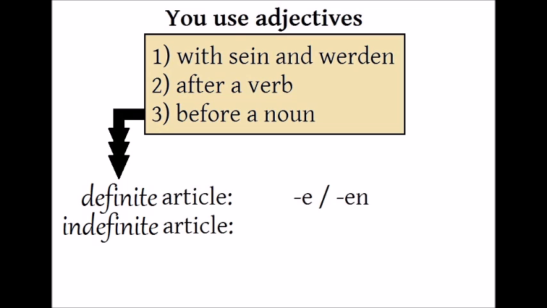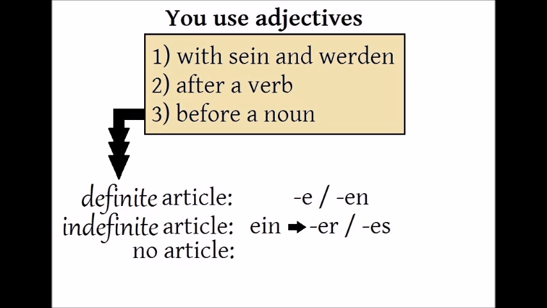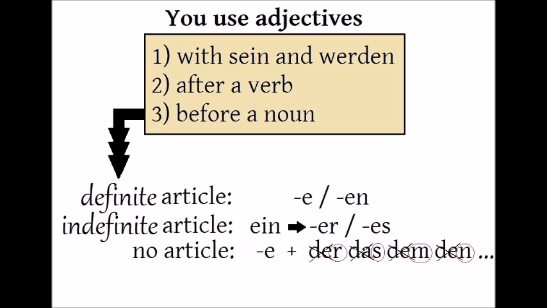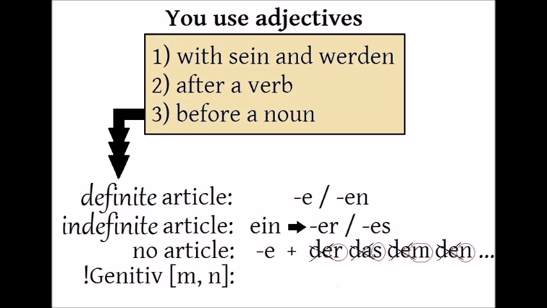The indefinite article too, but with the exception of ein, which has either er or es. Should there be no article, you need to add an e and then the last letter of the definite article that would be there. The genitive male and neutral are an exception to this rule. Both have the ending en instead of es.